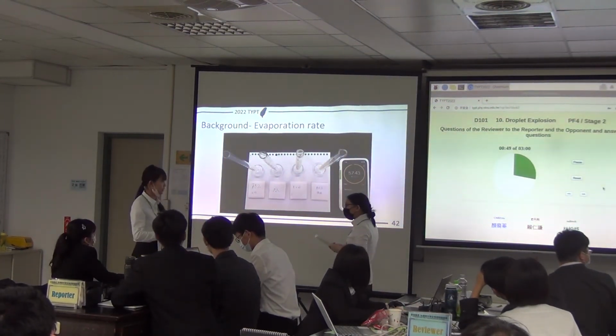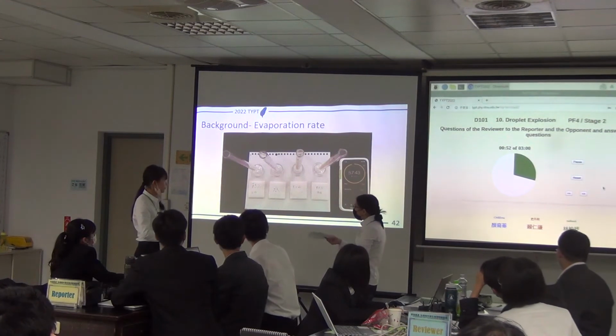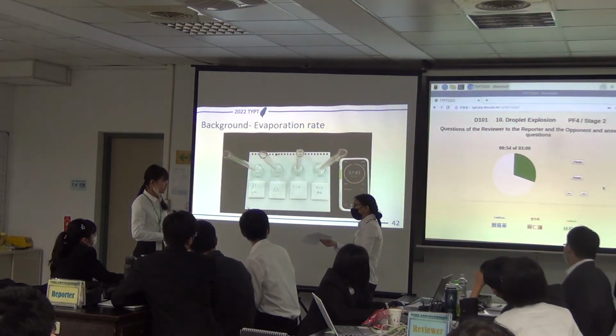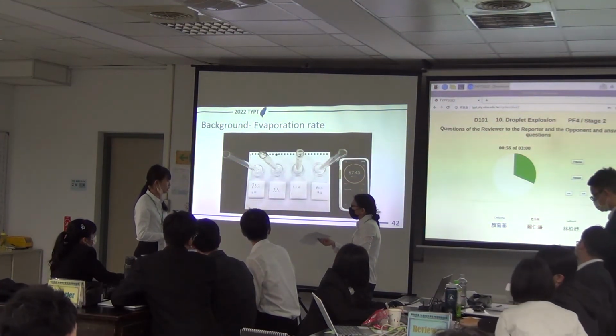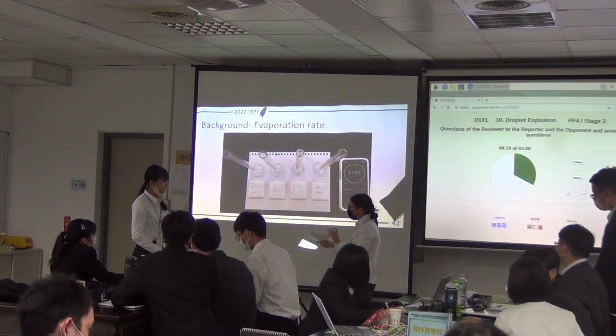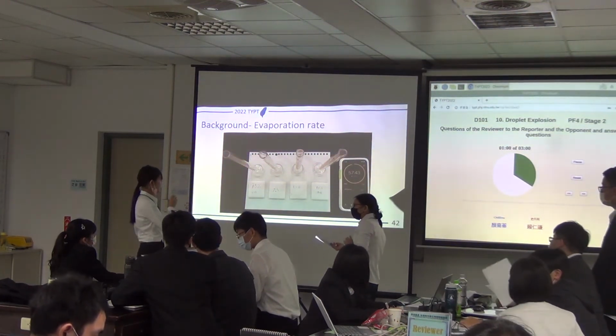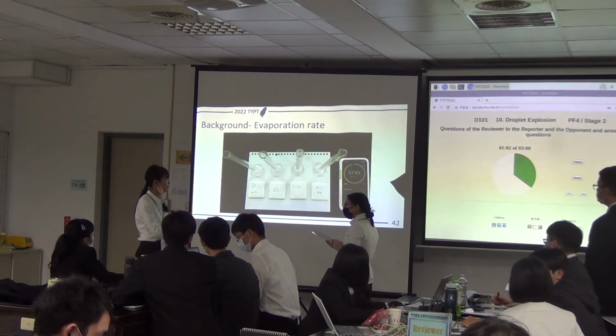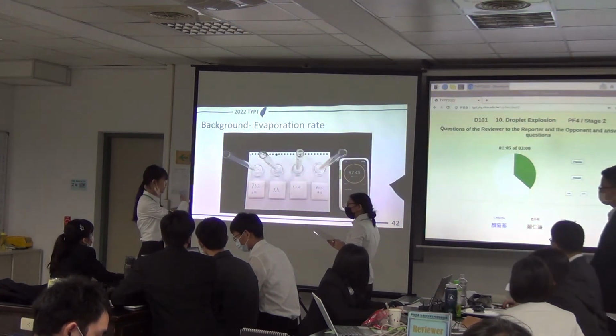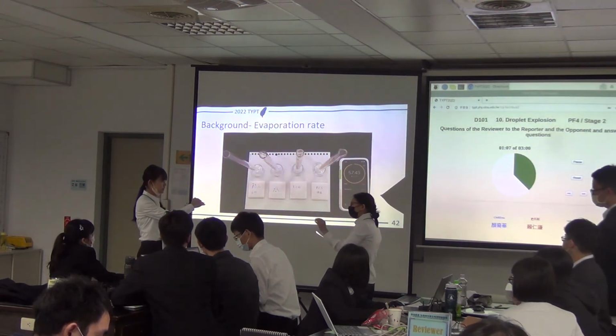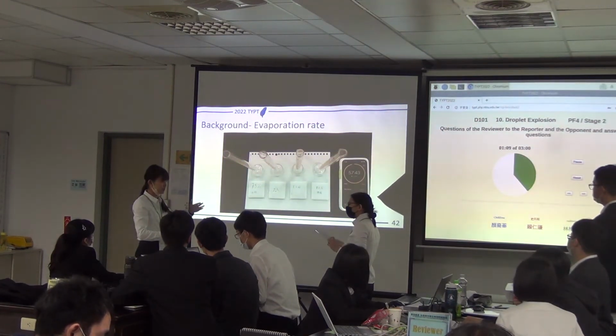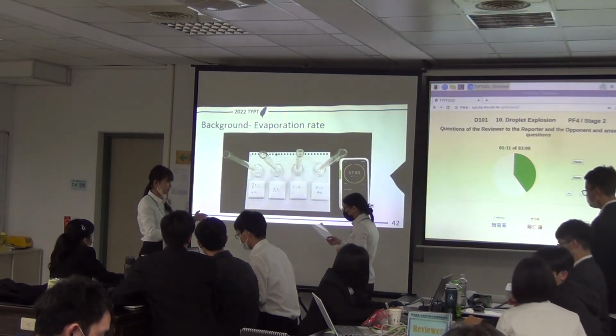So we know the evaporation. Do you know the evaporation rate of ethanol is 0.15 kilogram per minute? This is relatively small. We didn't measure the exact number, but we know isopropyl is higher than ethanol.